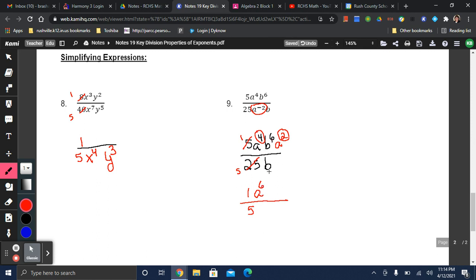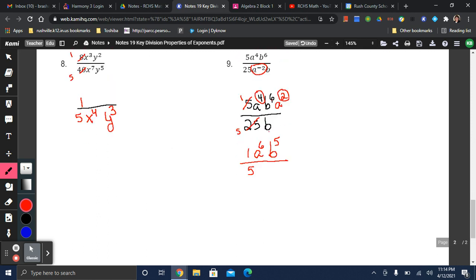And then I have b's. I have a numerator of 6 and a denominator of 1 for my exponent. So I'm going to subtract and I'll get b to the 5th. My larger amount of b's is in the numerator, and so that is where my answer will go. So it'll be b to the 5th in the numerator. And that will be then my final answer, 1a to the 6th, b to the 5th over 5.